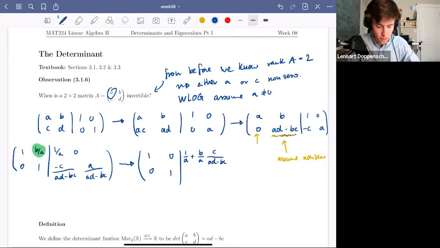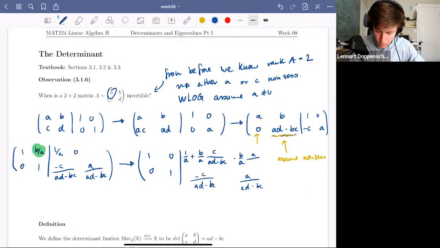I just have a minus because I subtracted the second row. Nothing changes here: A over AD minus BC. And I subtract B over A times the second row, so I have AD minus BC.